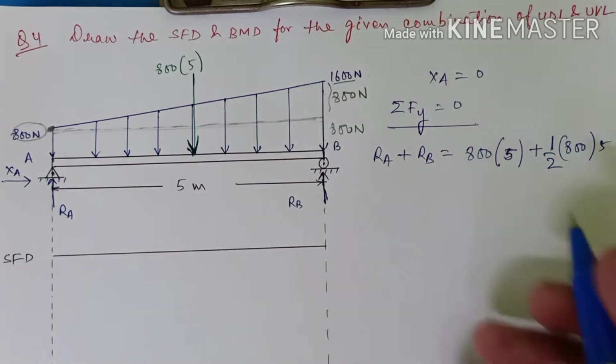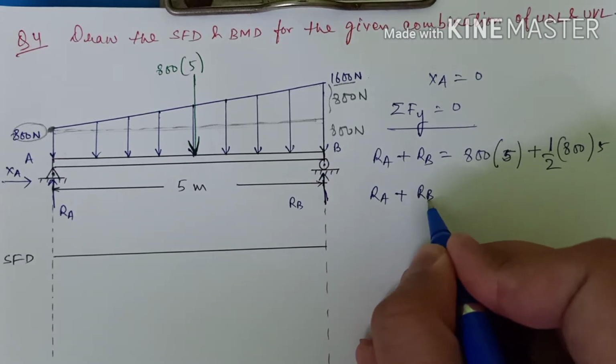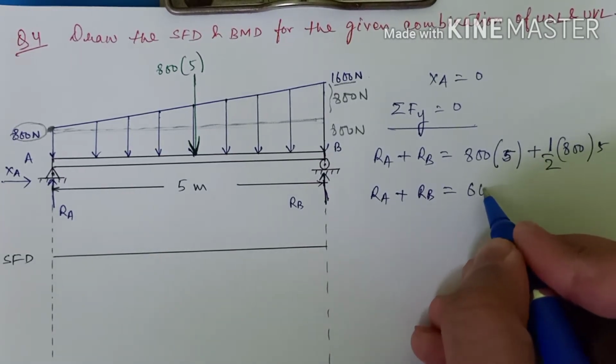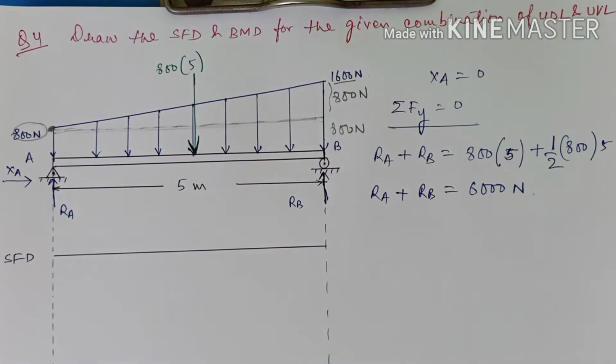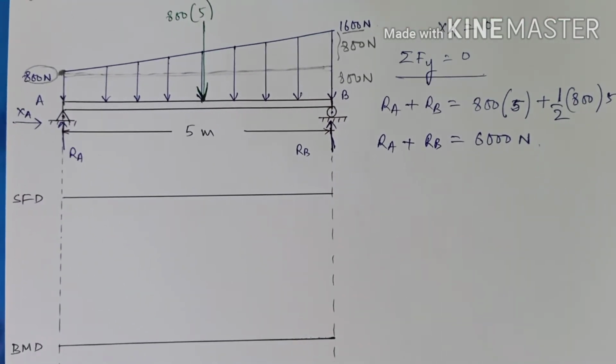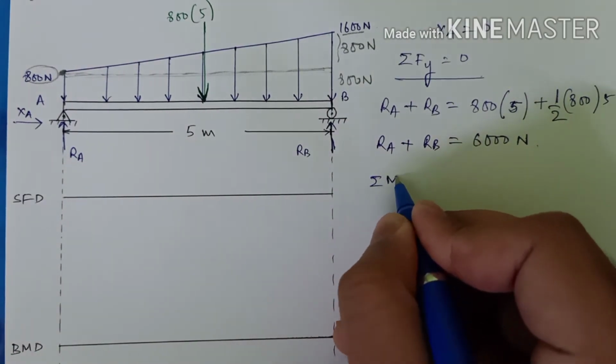As simple as that. Just do the simplifications, and you will get RA plus RB equals 6000 newtons. Here in this equation you have two variables, so now you need something to find the values of RA and RB individually. For that, we'll take moment about B.